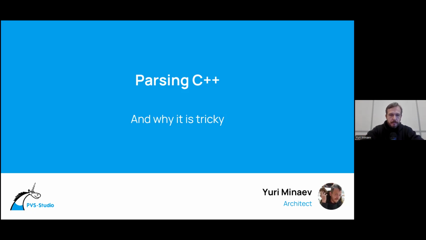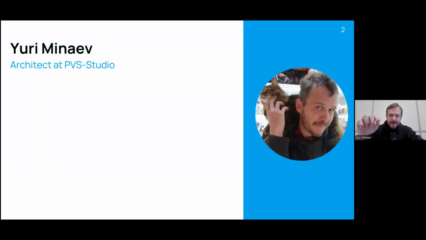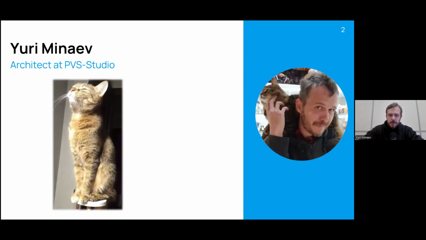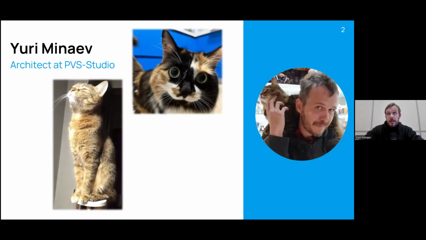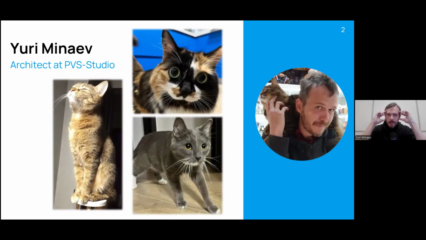Let's begin. Okay, so who am I to speak here, right? My name is Yuri. I work at PVS-Studio for about 6 years, and I'm working on the C++ static code analyzer. And my main focus is working on the part which actually deals with the language and with parsing, semantics, and stuff like that.